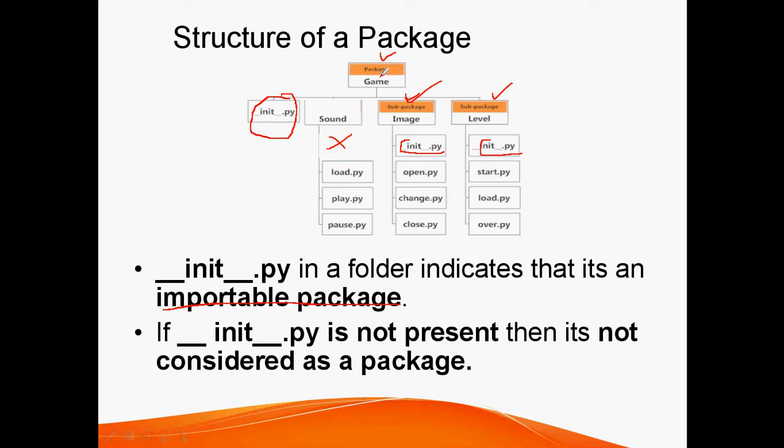First you have to take this main package also, which means import game.image. That's how you will have to refer to this package. Now if __init__.py is not present, then it is not considered as a package.